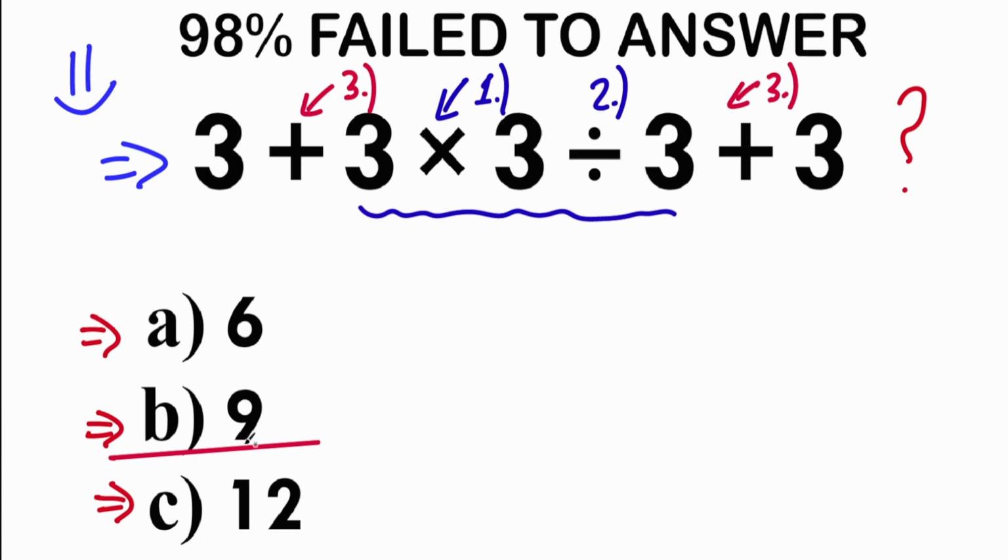You can be proud of yourself that you solved this question like that. But when you choose option 6, well, you need to review your basic math, because this is a very bad thing. And when you think the correct answer is option C, you need to review your basic math as well, because this is a basic thing. This is not a complicated question.